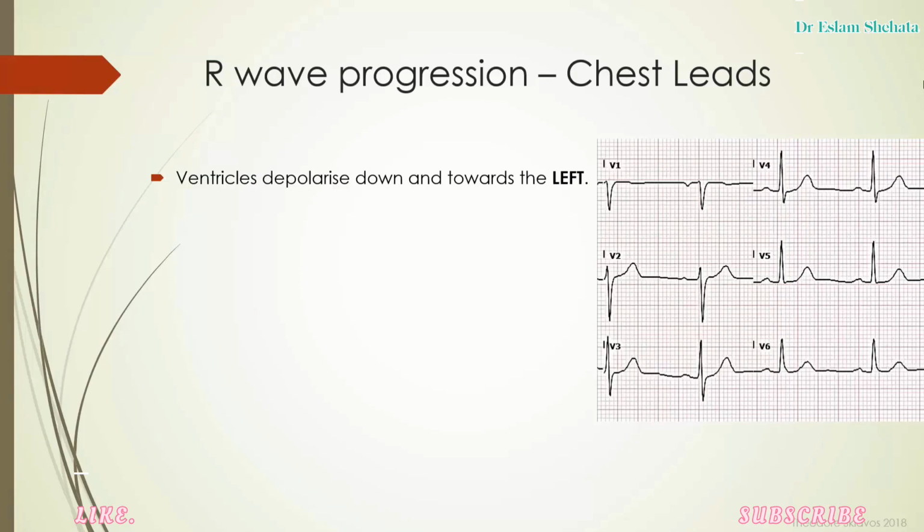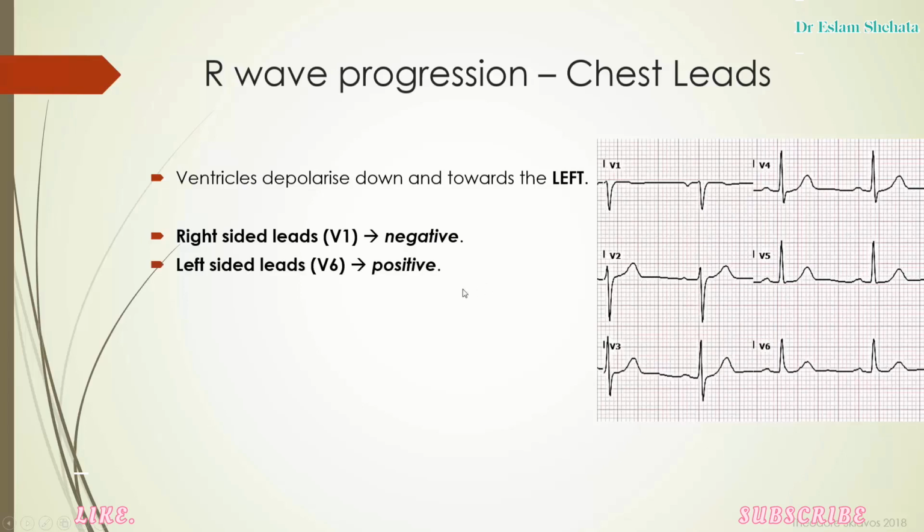Now, R-wave progression was the other thing we mentioned that we'd look for on the QRS complex. Remembering that the ventricles depolarize downwards and towards the left, that bottom left quadrant, that means that the right-sided leads, like V1, should be negative, because we're depolarizing away from those leads.